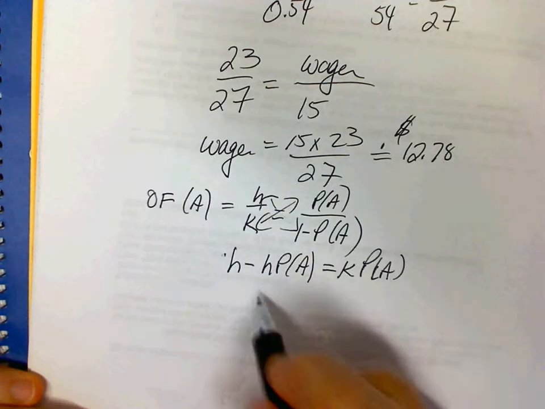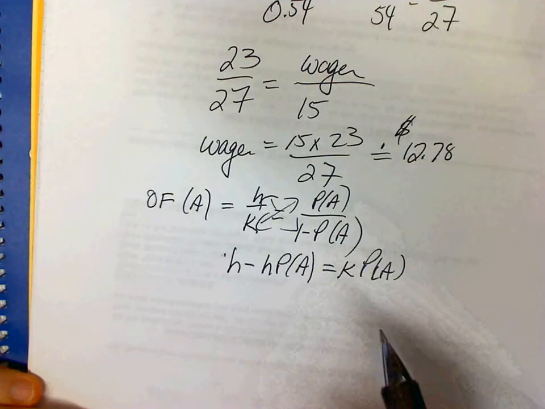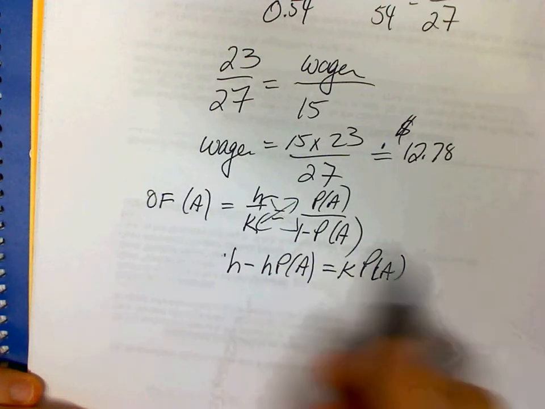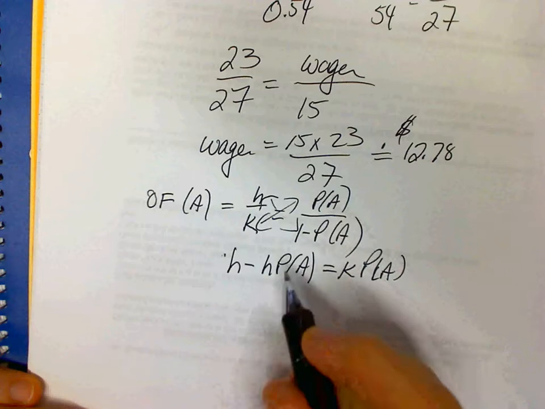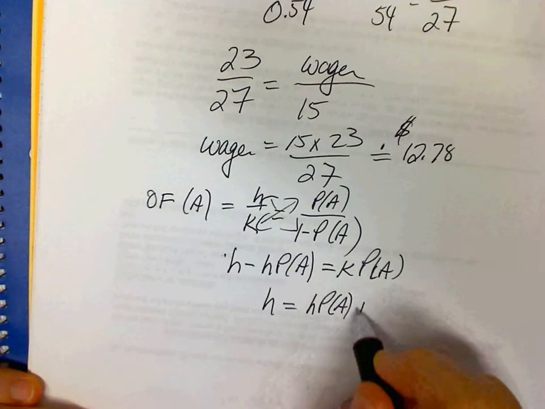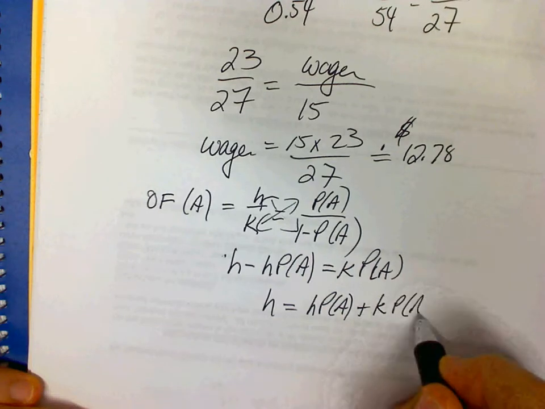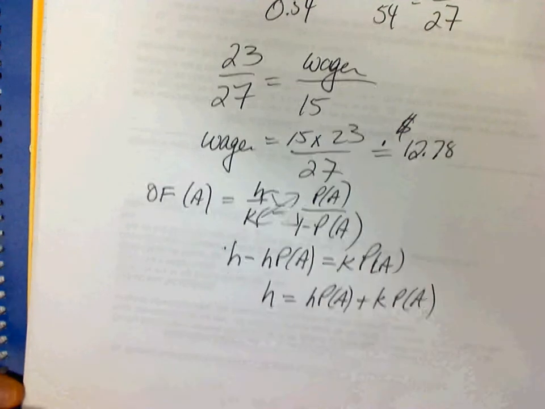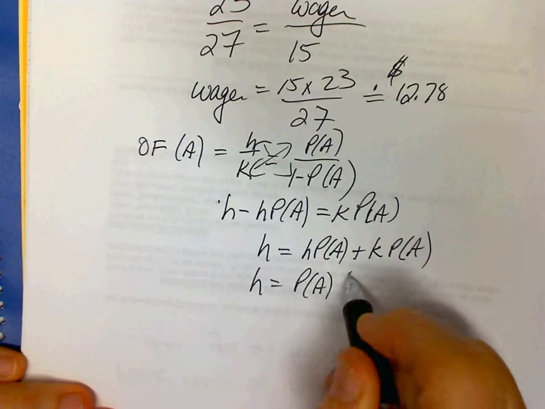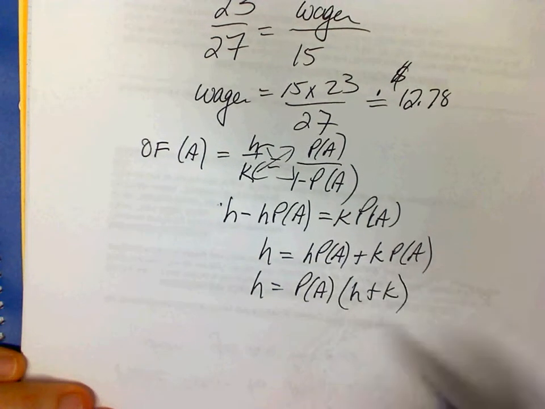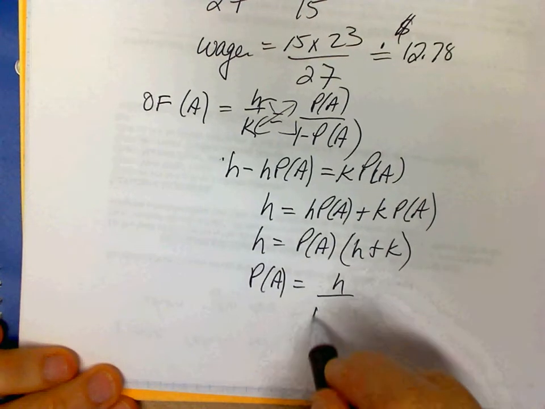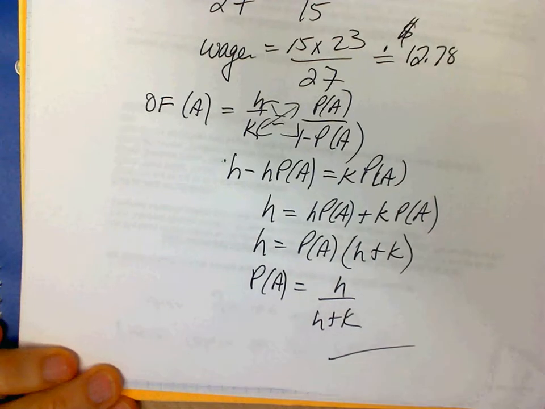Then I'm going to bring the PAs to one side so I can solve for the probability of A. So H equals HPA plus KPA. I just added HPA to both sides. Now I can factor PA, and this is H plus K. So the probability of A equals H over H plus K. Proven.